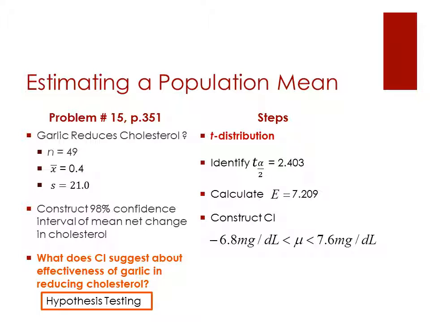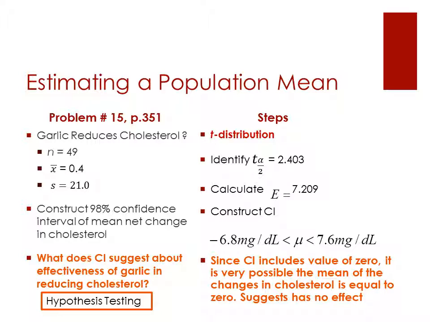So if my cholesterol level was at 105, I ate the raw garlic, and then my cholesterol level was at 105, I subtract one from the other, I'm going to get my mean net change in cholesterol is going to be 0. So, since this confidence interval that we've calculated here does include the value of 0, it's very possible that the mean change in the cholesterol is equal to 0, which suggests that the garlic had no effect.